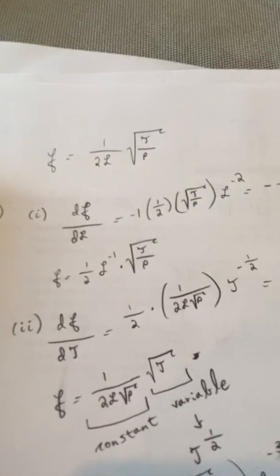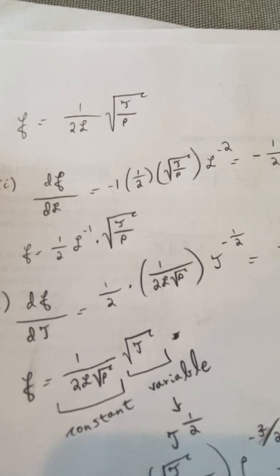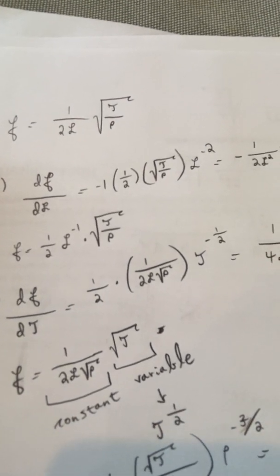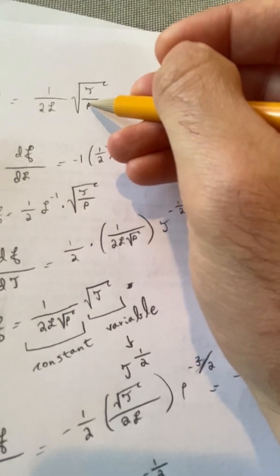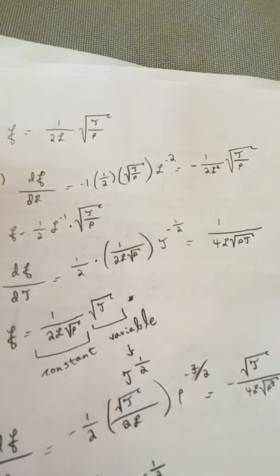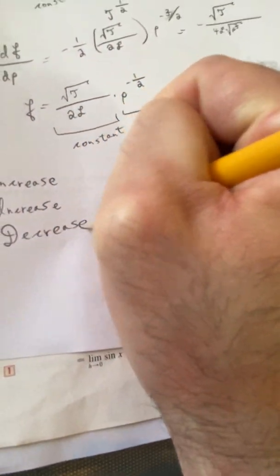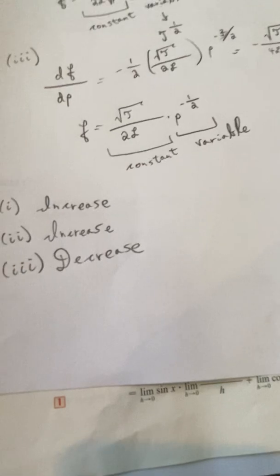And we can see in our original equation for frequency, as rho increases, because it's in the denominator here, the overall frequency is going to decrease. So we can just say down here, decrease. Okay, so you can refer to the equations.